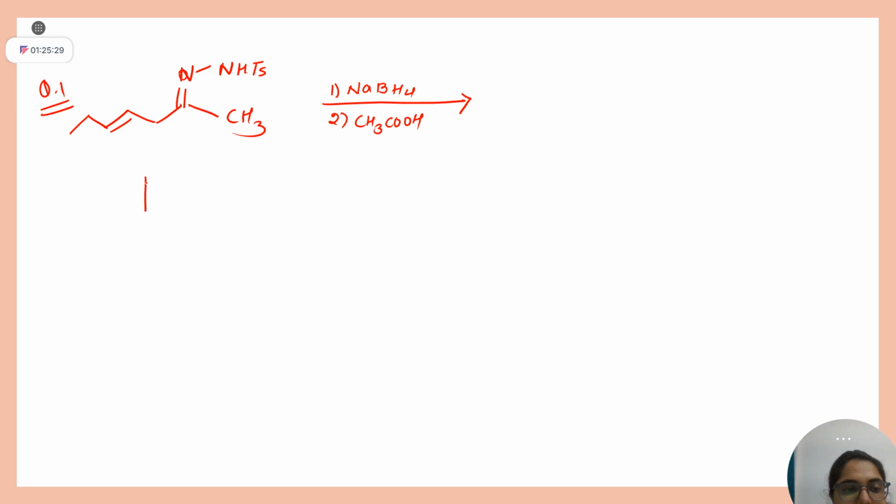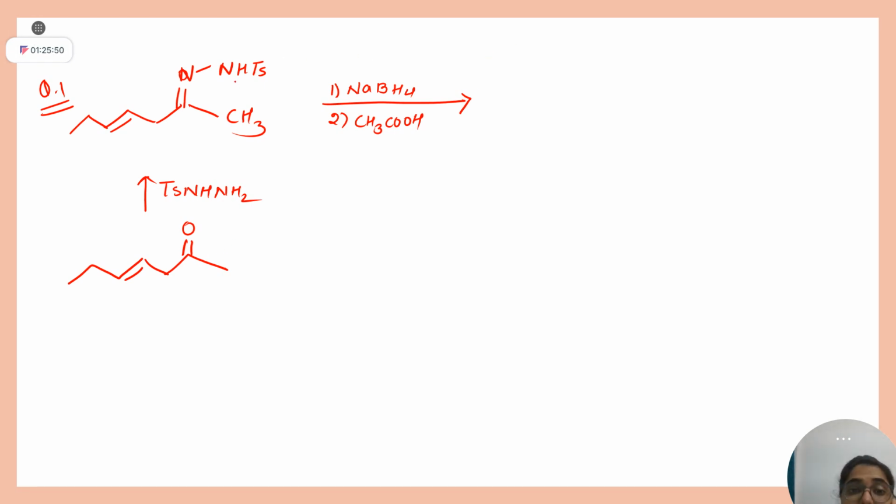And how will the examiner make this? They will give you TsNHNH2, and you will have the same molecule. You know very well that in presence of hydrazine, your ketone changes to hydrazone.